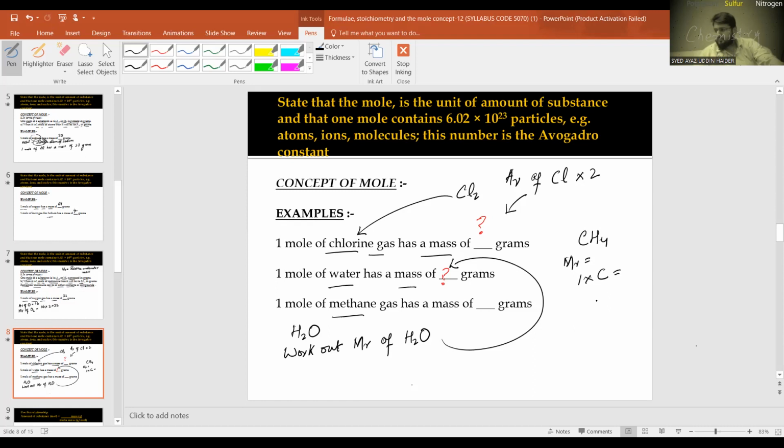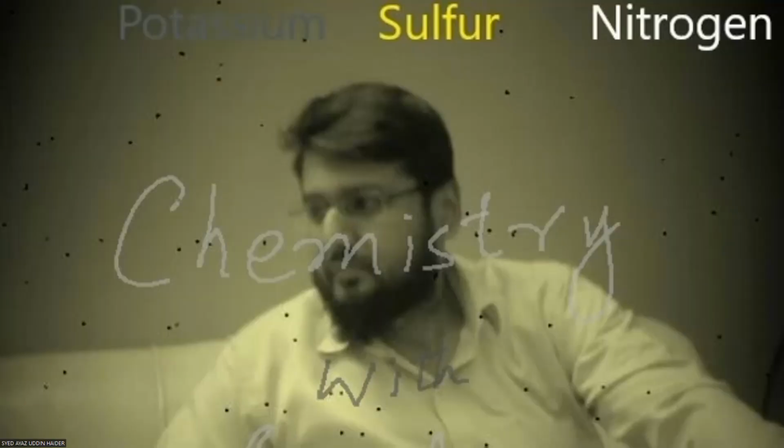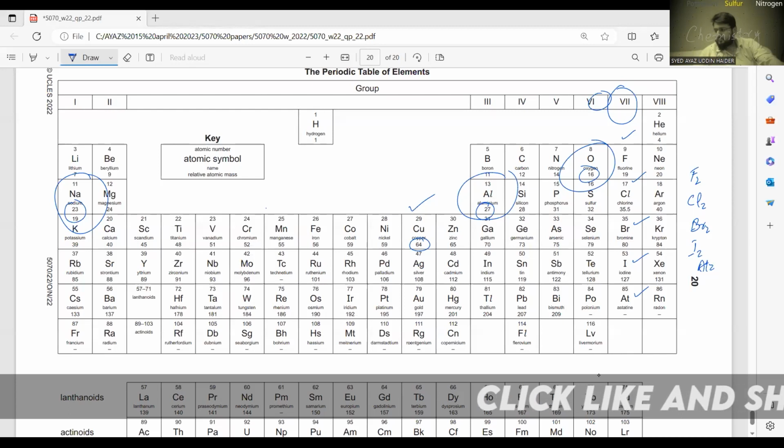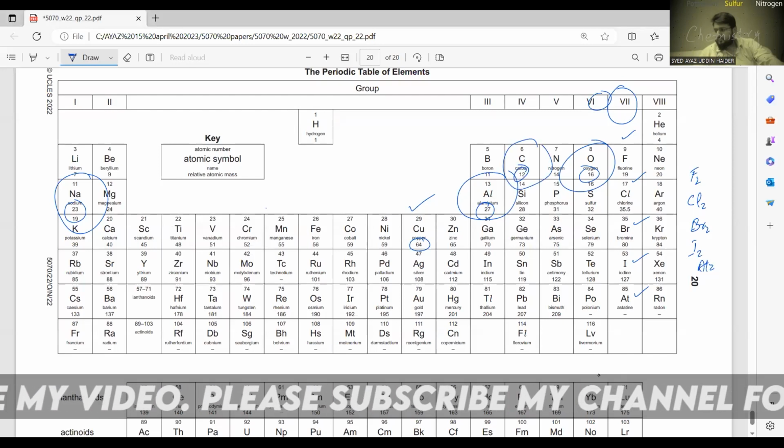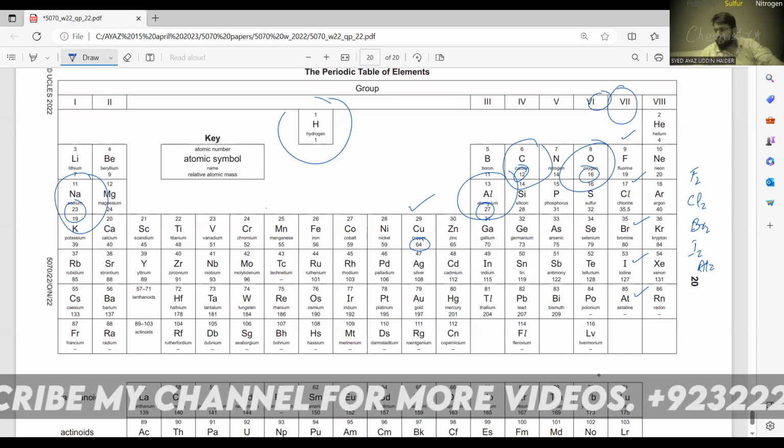We have 4 atoms of hydrogen, so you'll multiply 4 by AR of hydrogen. C is the symbol for carbon. It's in group 4, and here will be the AR of carbon. What about hydrogen? Here we have hydrogen. AR of hydrogen is 1.